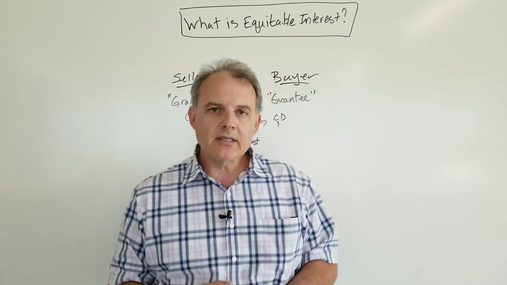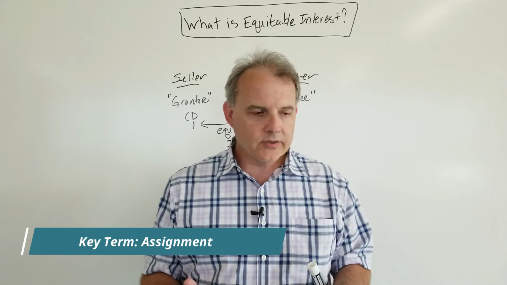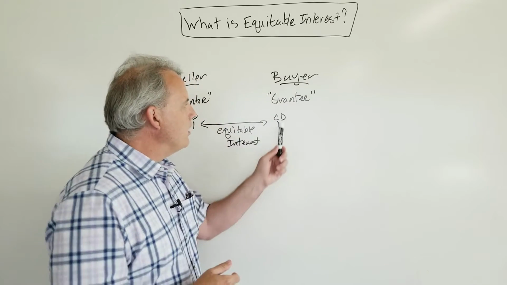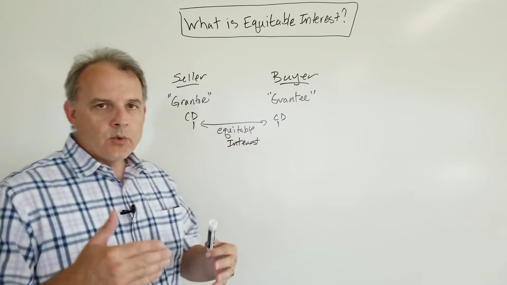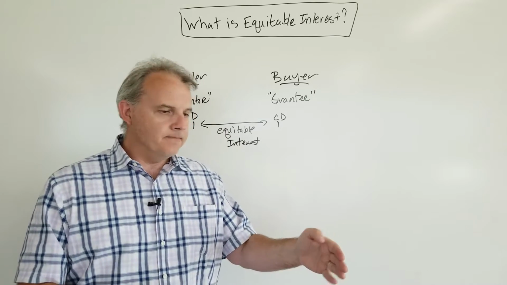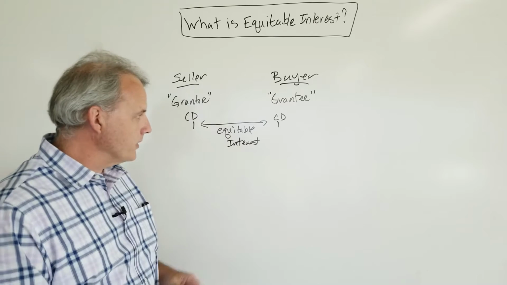The next thing I want to talk about is what's called assignments of contracts, because this plays into this concept. So we know that the buyer has equitable interest. That means at some future point in this purchase contract, they're going to close on the property and become the actual title holder.